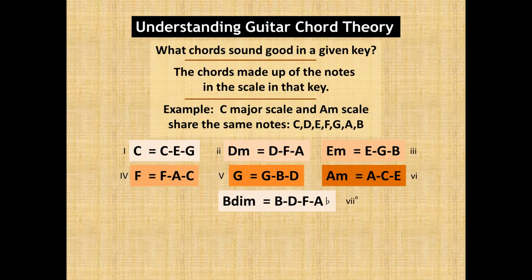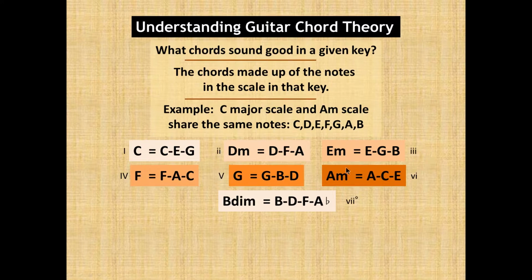Now, you'll notice I have some notation here where there's an uppercase I, and then lowercase ii, lowercase iii, uppercase IV. These are Roman numerals. And so this is the 1 chord. This is the 2 chord, but it's a minor chord. Therefore, these are lowercase.